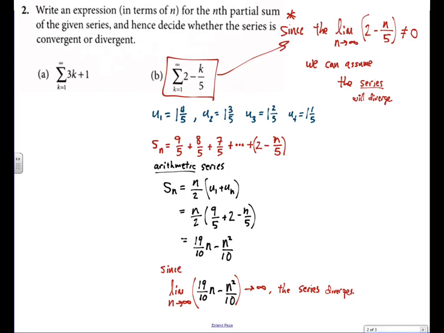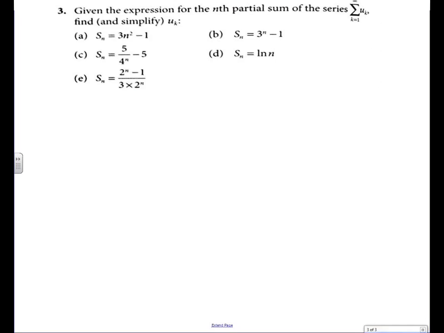So it's pretty straightforward. The last set of skills that they have to build, and again, all of these are skills to build on. We're going to need to know the language, and we need to know what they mean when they say partial sums and converge and all these other kinds of things. So here's another skill that the authors want you to be clear on, and that's finding an expression for U sub k, given an expression for the nth partial sum.